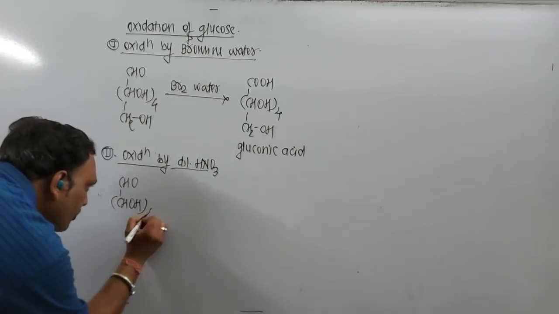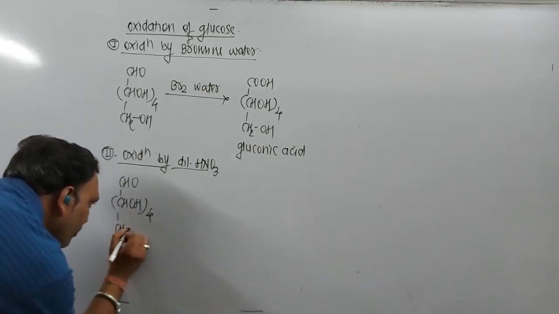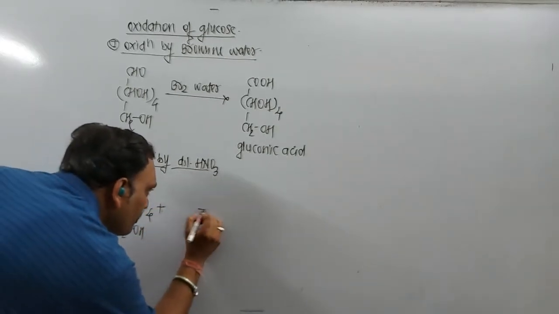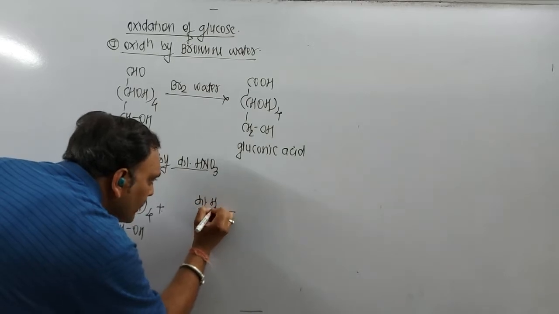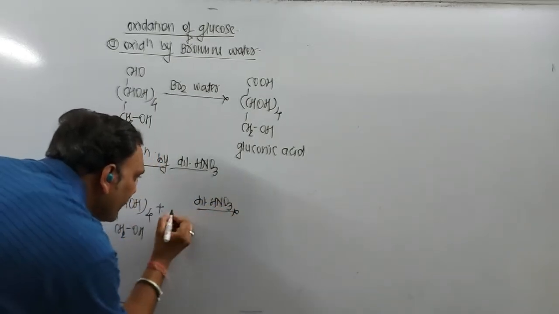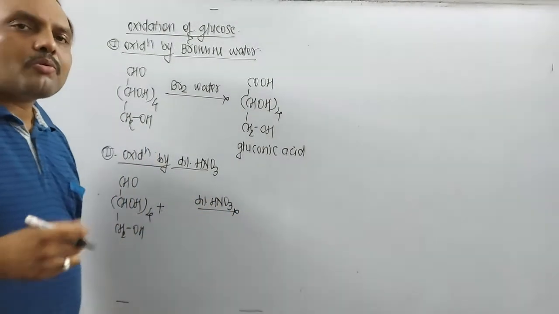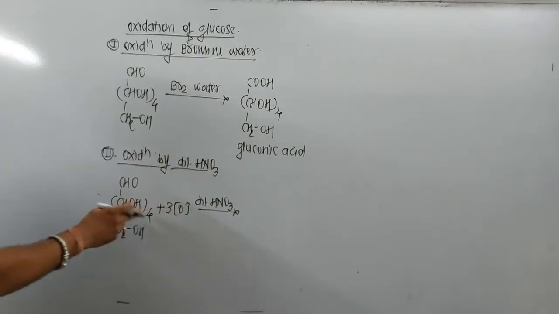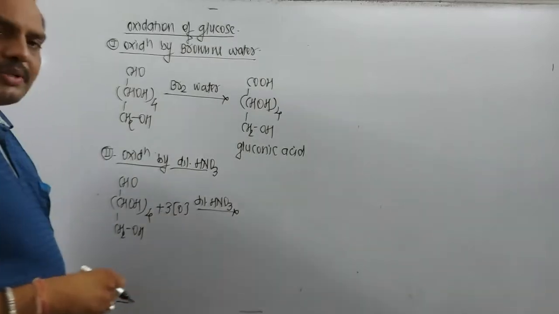This is none other than glucose. And remember, glucose contains aldehyde group as well as primary alcoholic OH group. So when this glucose is oxidized by dilute nitric acid, the nitric acid undergoes self-reduction, providing nascent oxygen, which subsequently attacks both of the ends of the glucose.